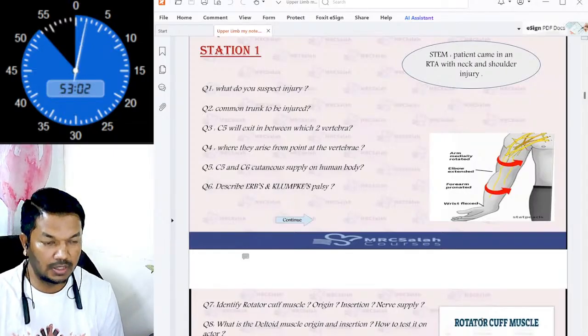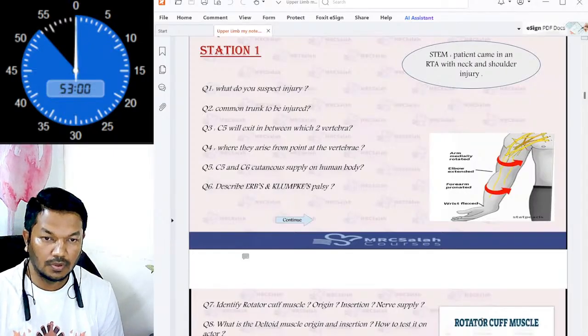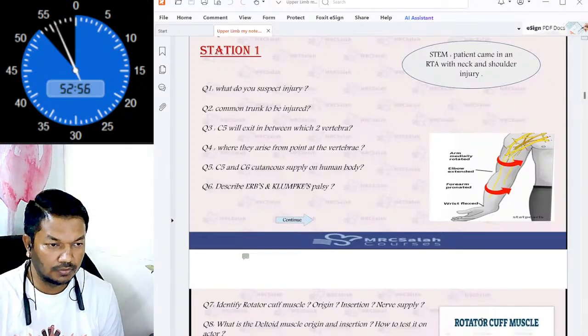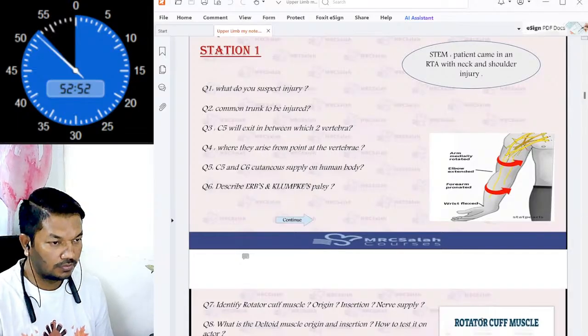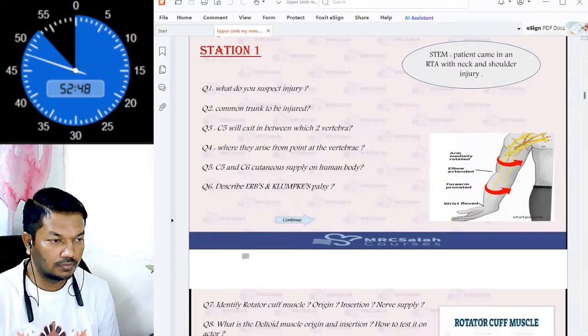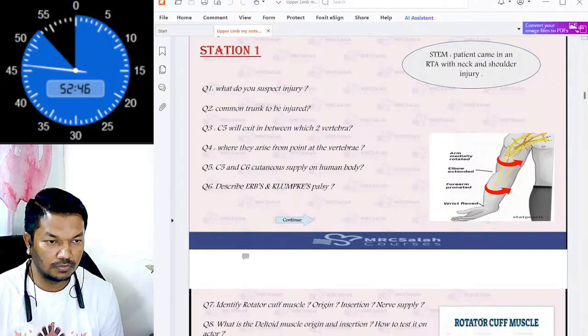Infraspinatus originates from the infraspinous fossa of the dorsal surface of the scapula and inserts into the greater tuberosity of the humerus, and its nerve supply is the suprascapular nerve.